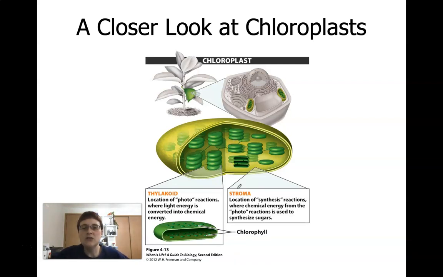So the stroma is where the synthesis part of photosynthesis happens. And so the way I remember the stroma is where synthesis happens to make sugar. All right. Because that's what synthesis is going to do. The synthesis part is where we're going to make sugars. And we'll see that again a little later on.